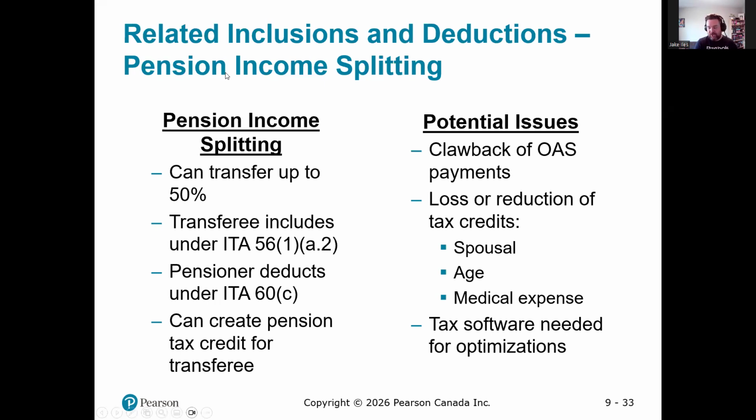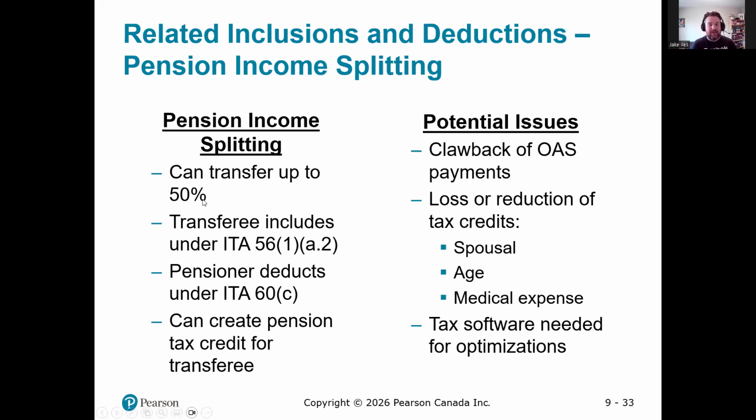Someone who's earning a pension is likely retired. They're likely on the older side, and so their income is fixed by that pension. Their opportunities for additional income are possibly limited, so to help them out, the CRA allows for pension income to be split up to 50%.